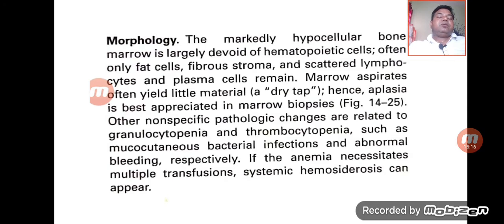Most of the time whenever we aspirate the marrow, we will have a dry tap. Dry tap means we won't see any cellularity in the aspirate. So the diagnosis is made by trephine biopsy, or marrow biopsies are more diagnostic in case of aplastic anemia.